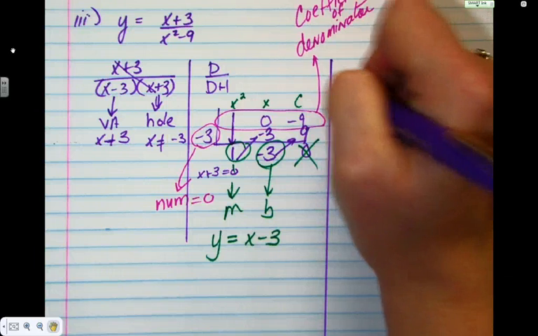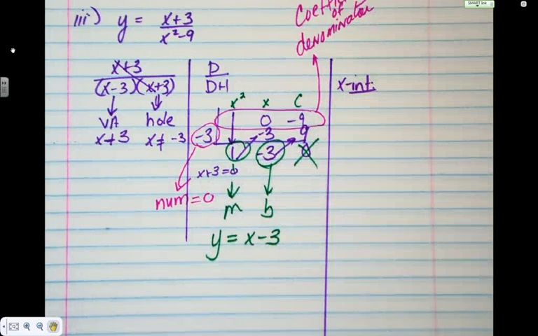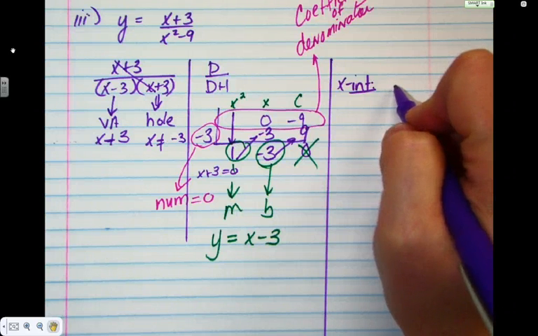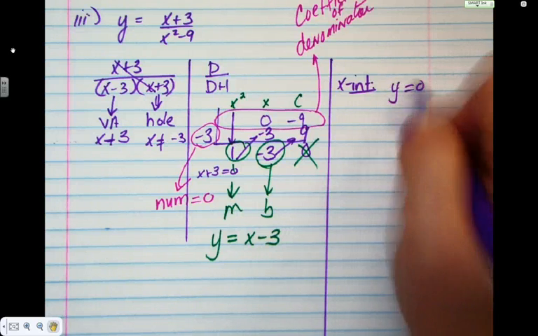Okay, intercepts. How do we calculate an x-intercept? Y equal to 0.